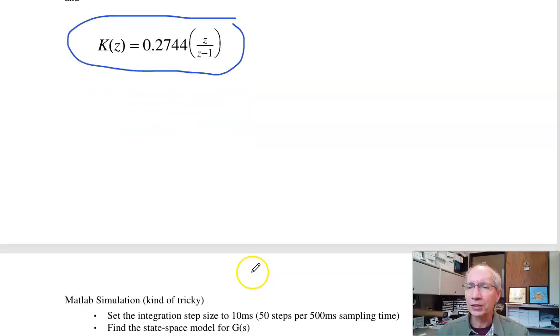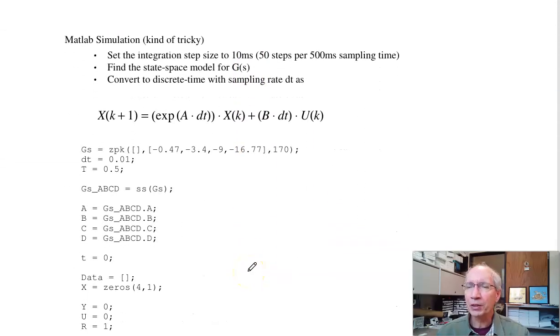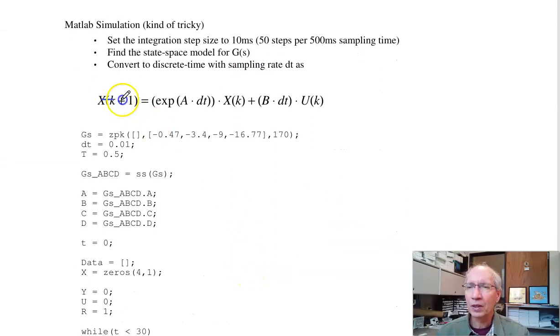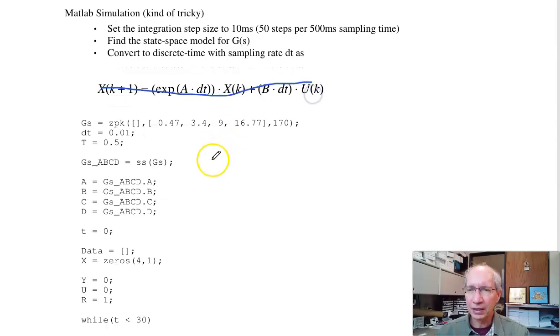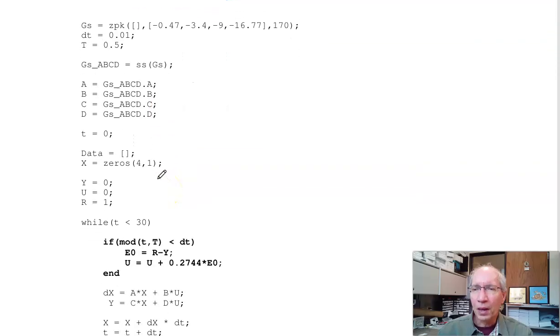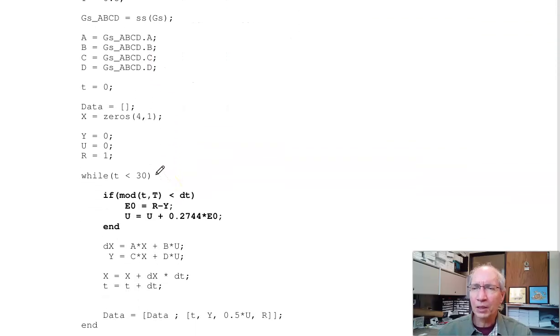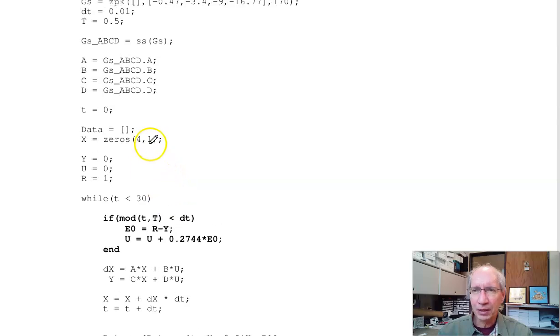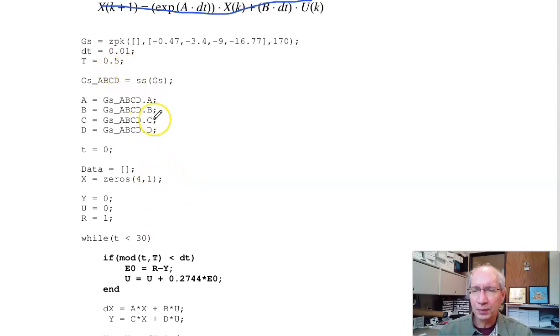Now to check the answer, I'm actually going to write a MATLAB program to do that. The way I'm going to do that is, here's my G of S. I'll input that into MATLAB and then pull out the corresponding ABCD matrix. In my code, I'll have sampling rate of 0.5 seconds.